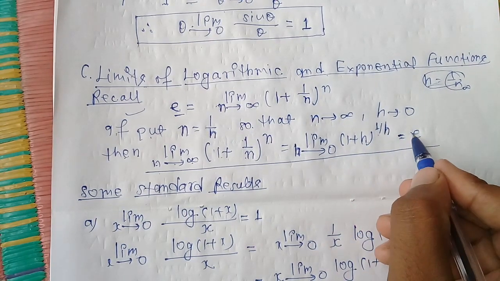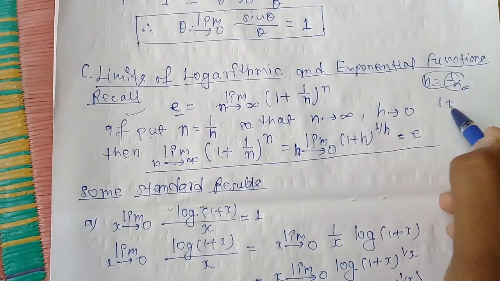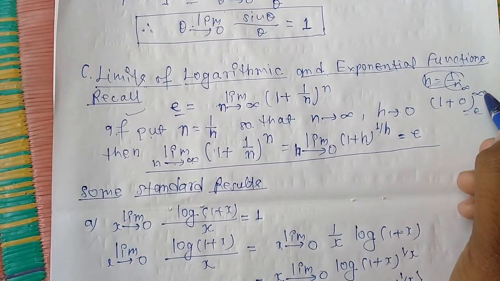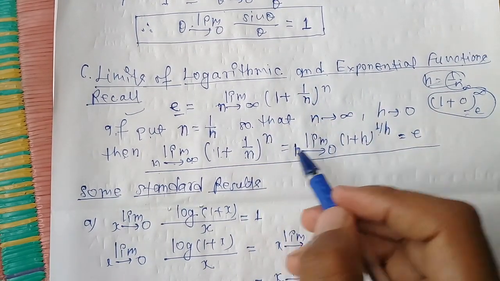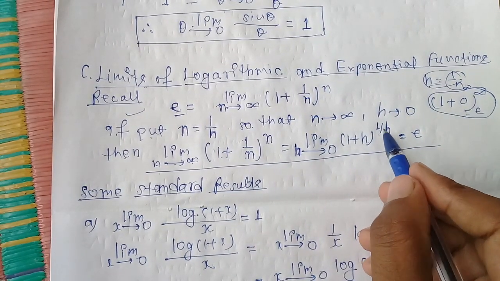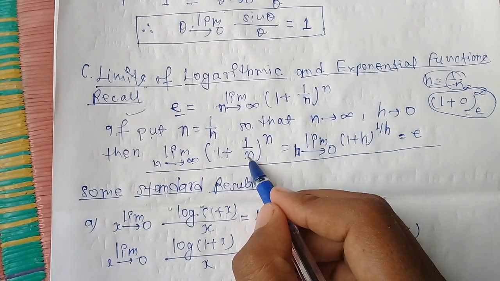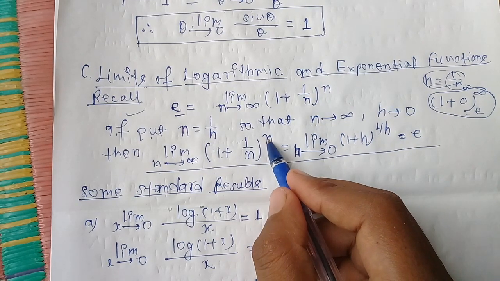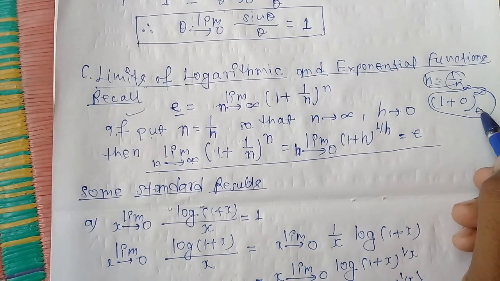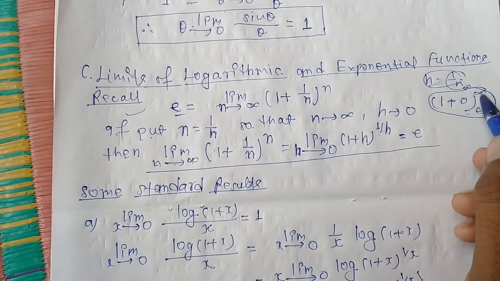This will be the value of e. Here we get 1 plus 0 to the power infinity, whose value is e. Both give the same result.